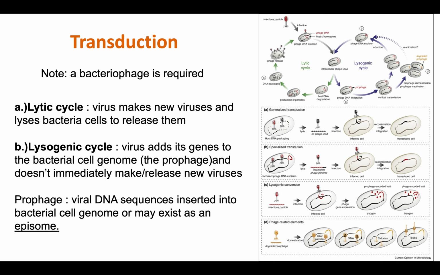The second process is transduction. And again, I want you to look at that note that you need a virus, a bacteriophage, in order for this to occur. Now, in transduction, or even in the infection cycles of bacteriophages, we usually talk about the lytic cycle, where the virus will inject its genome into a bacterial cell.